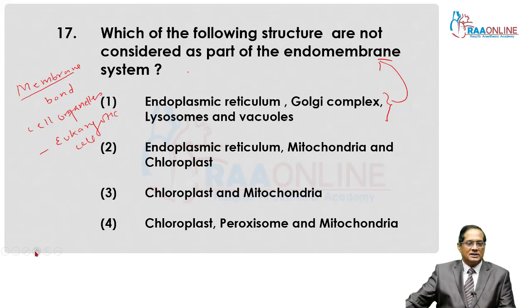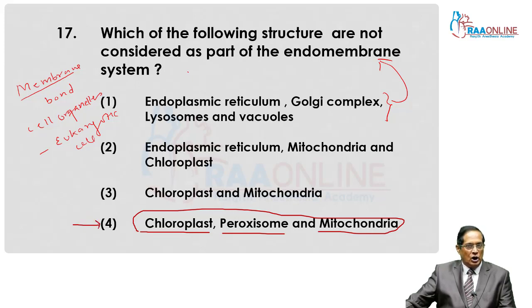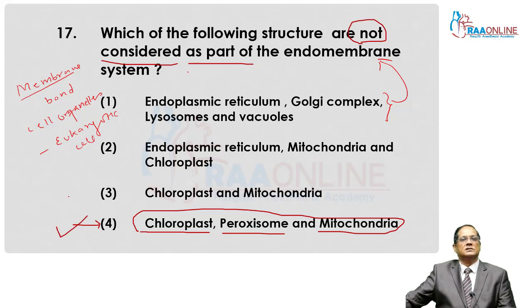But there are three cell organelles: one is chloroplast, second peroxisome, third mitochondria. Their function is not coordinated with those, so these are not part of it. The question is a negative question, asking which is not considered part of the endomembrane system. Answer fourth is right.